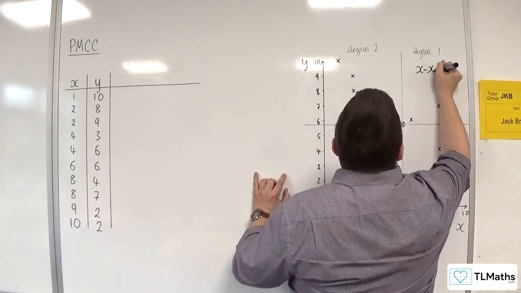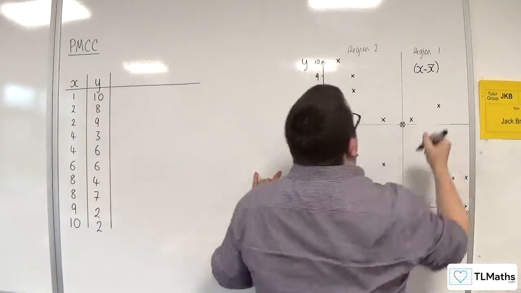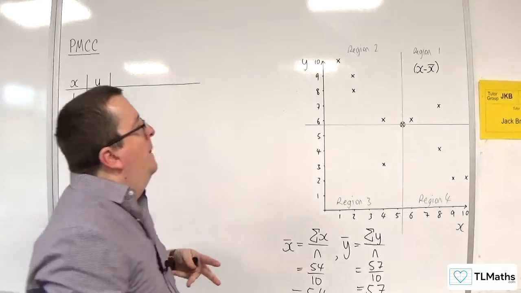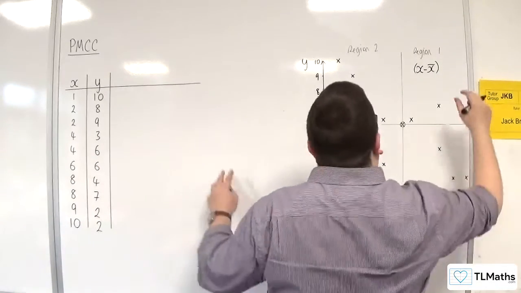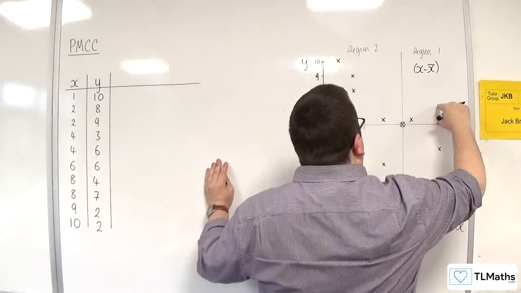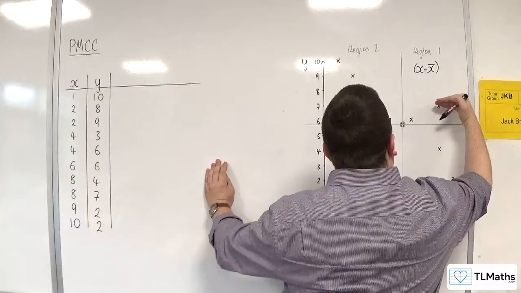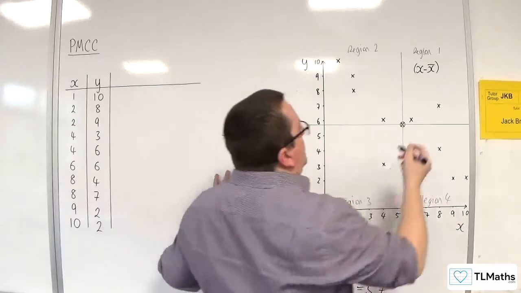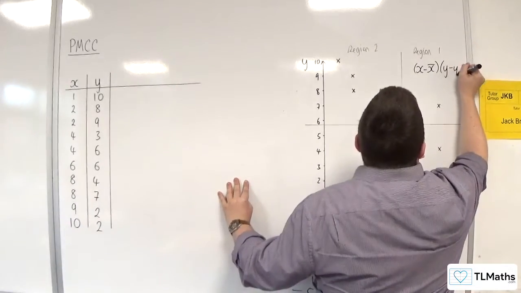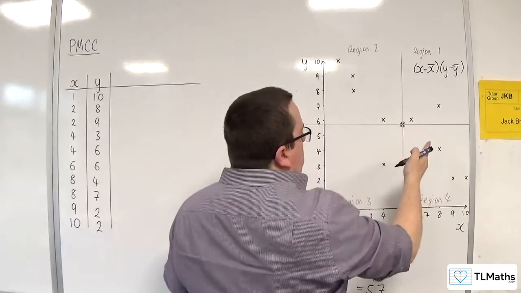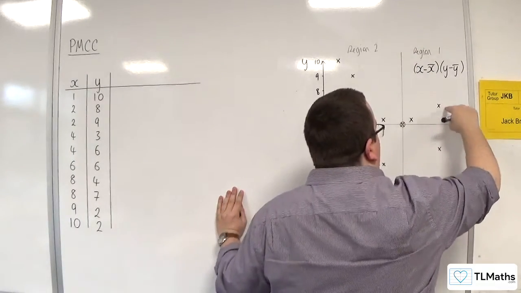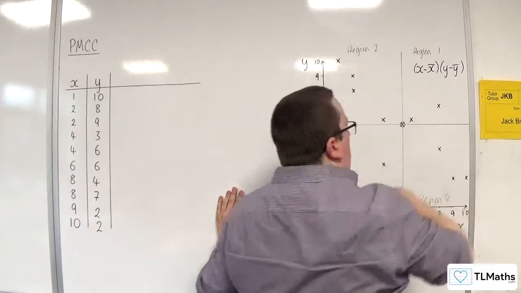So I do x take away x bar. But we also want to take into account the differences in the y's as well. So we're going to have the y value for each of those coordinates, take away the mean for y, so y take away y bar, and when I do that for any point that is in region 1, I'm going to get a positive value, because we've got a larger value take away a smaller value.